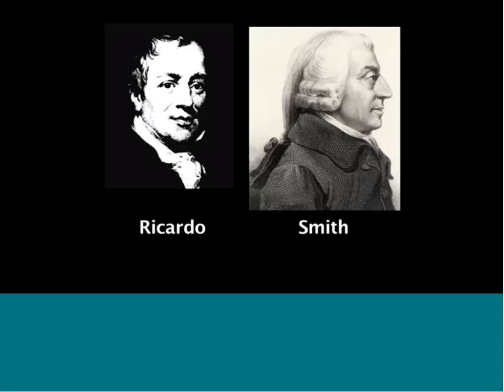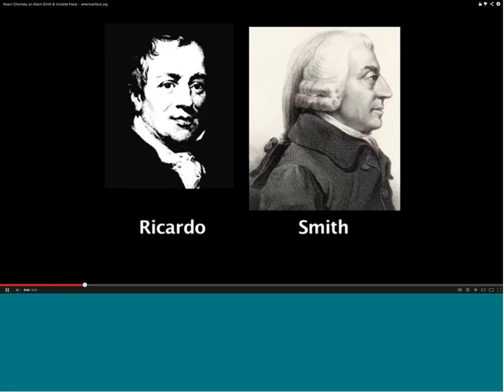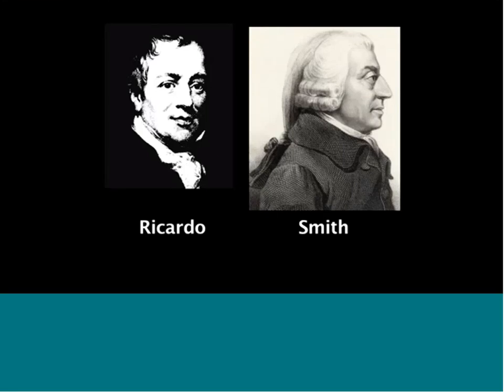Adam Smith was concerned, as David Ricardo later was, that if there was free movement of capital and free import of goods, he was concerned about England. He said England will suffer because British capitalists will invest abroad and they'll import from abroad, and that'll harm the English economy. Ricardo had similar concerns.